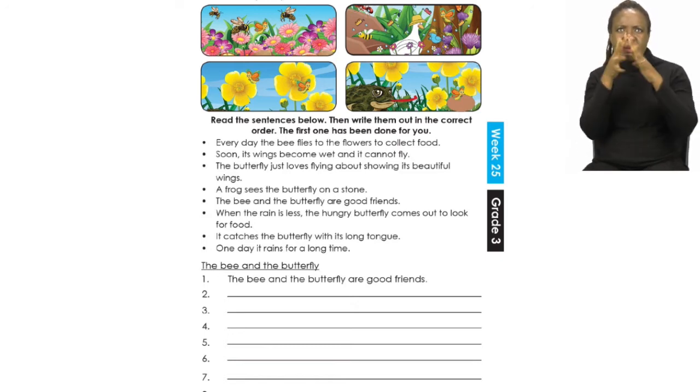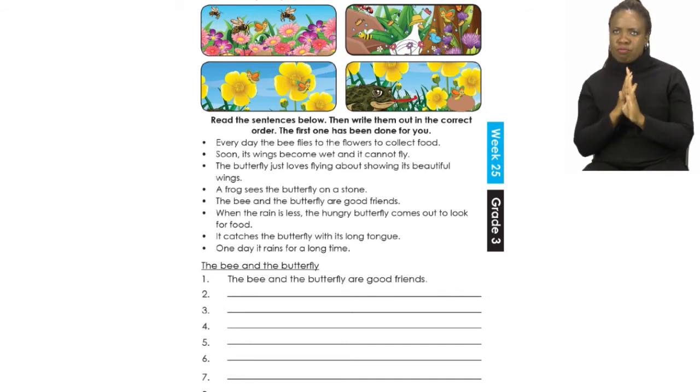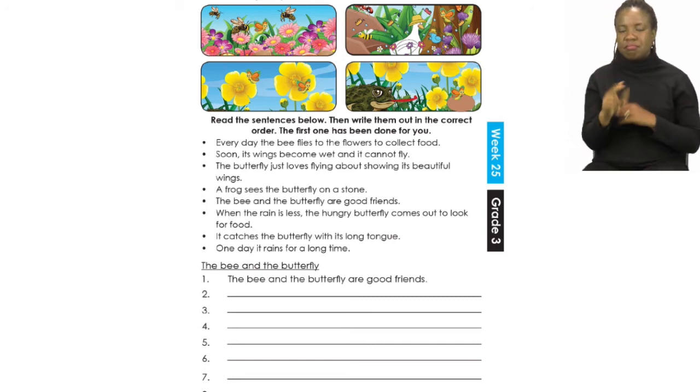So take your time, look at the pictures, and then read the sentences so that you can put them in the correct order. There are 7 sentences that you need to put. And don't forget your capital letter and your full stop at the end. I'll see you when you're done with both of your exercises.